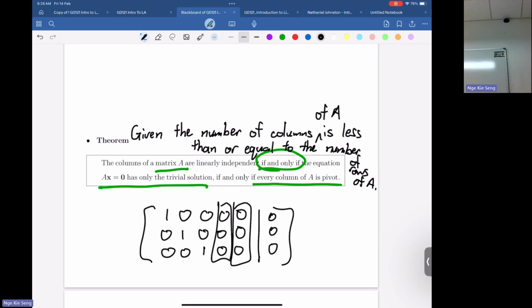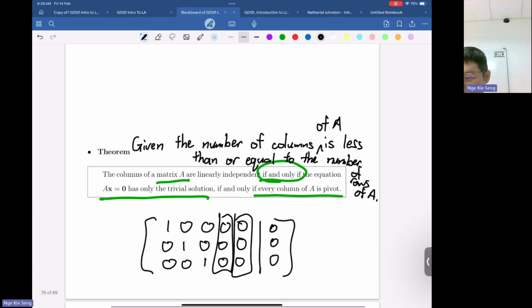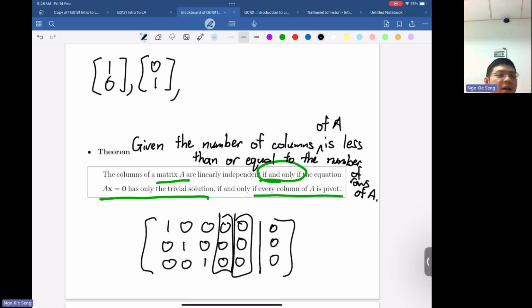For example, maybe I can quickly give you an example first to motivate you. Let me make it shorter, maybe (1, 0) and (0, 1). So you see in R2, if I pick more than 2 vectors here, they have to be linearly dependent. Maybe you give me the third one.